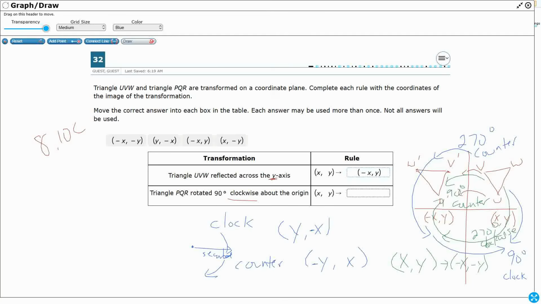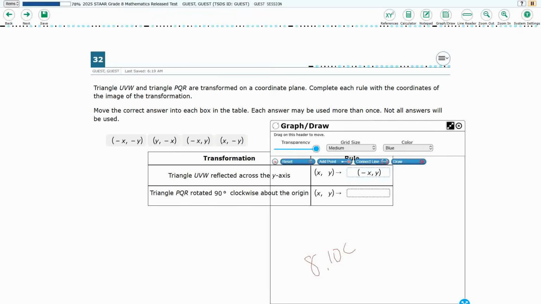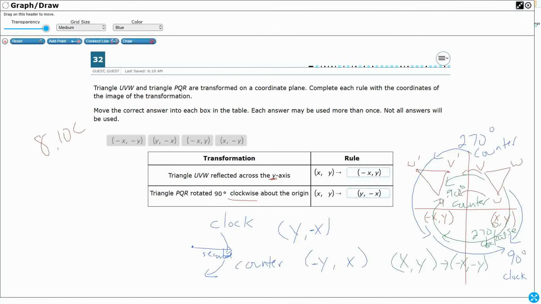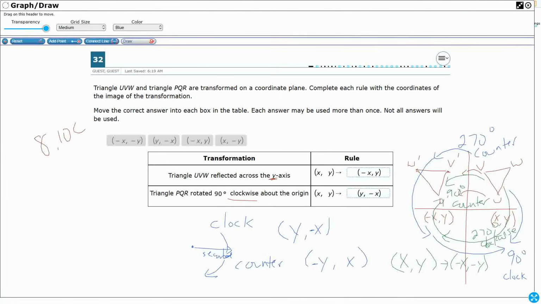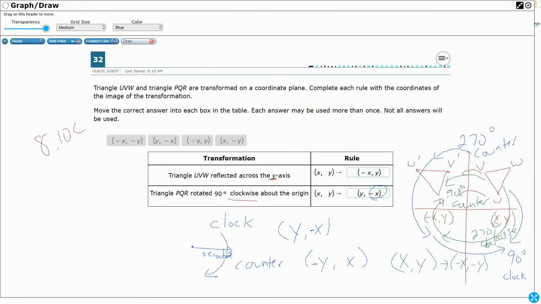There's a lot of different ways out there, but it is difficult to draw those 90 degree rotations. And so most likely your best bet is going to be memorizing those and finding some type of rule or mnemonic to remember that when you're going 90 degrees clockwise, since the second hand goes clockwise, the second term becomes negative.